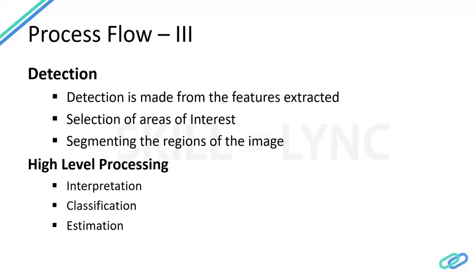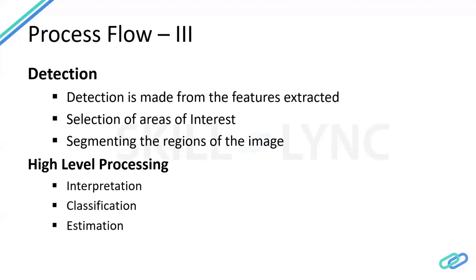So the computer has to know the area of interest and also prioritize them. Segmenting the regions of an image is important because at different locations in the image there could be different things appearing in different sizes. So image segmentation is a necessary method, and is also one of the most used methods in the detection stage.